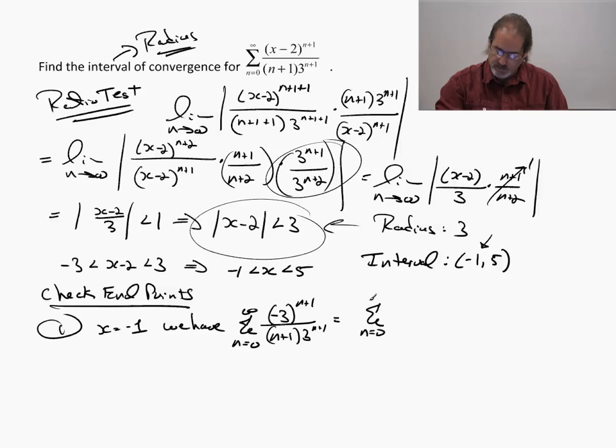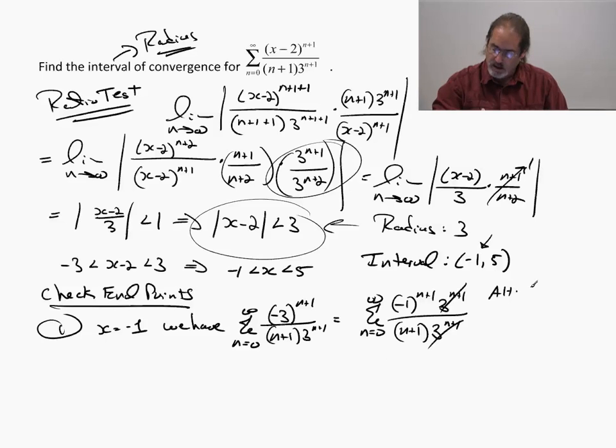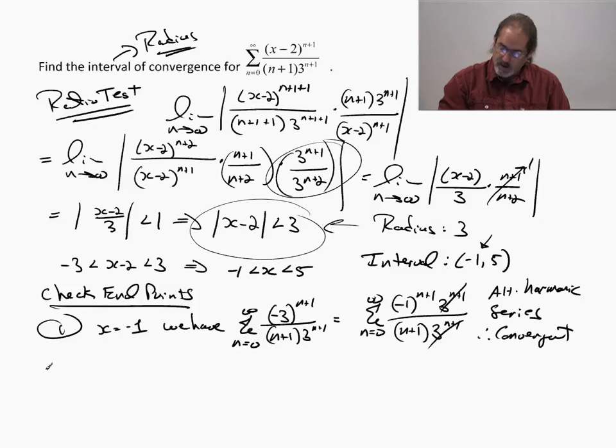This is the sum n equals 0 to infinity of (negative 1) to the n plus 1 times 3 to the n plus 1 over (n plus 1) times 3 to the n plus 1. Well, the 3 is going to cancel out. And this is the alternating harmonic series. So I know it converges. So I know now I'll have at least a half open interval because the negative 1 will be included.